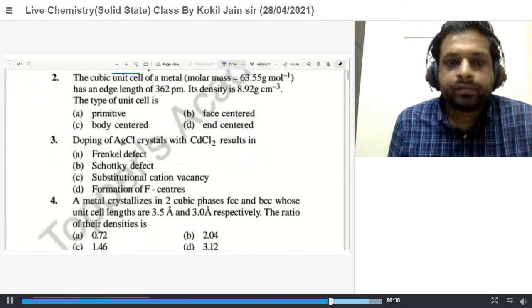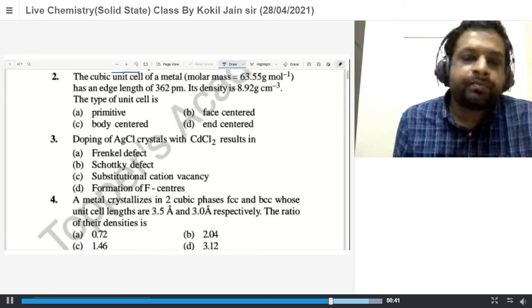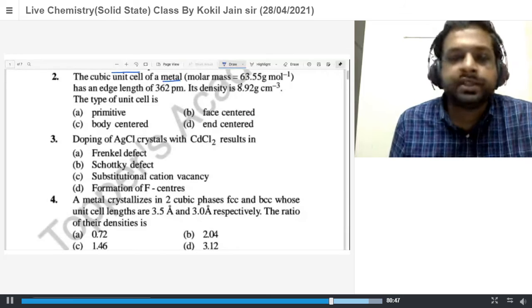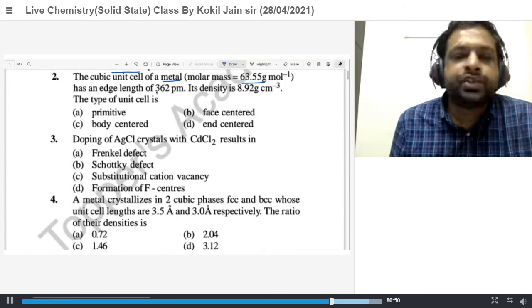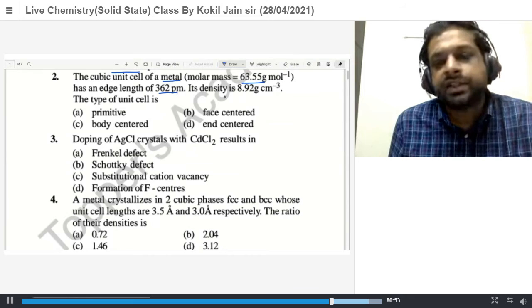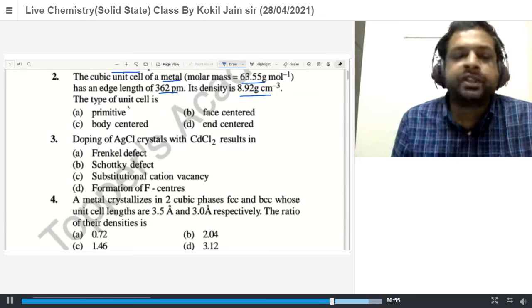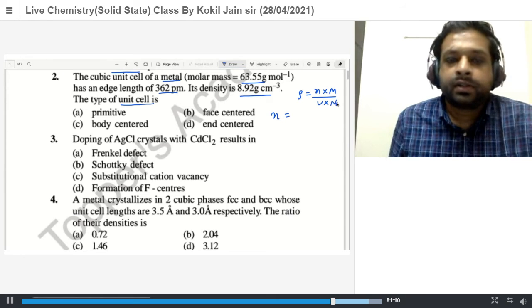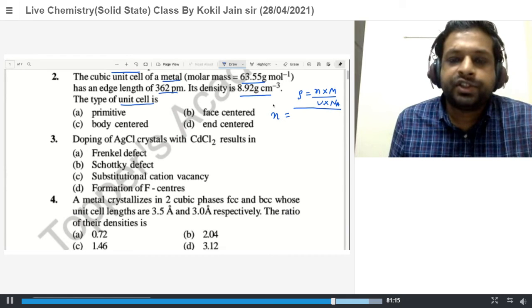The cubic unit cell of a metal which is having this molar mass has an edge length of 362 picometer, and they have asked what type of unit cell it is. Can you calculate this one? Try to calculate Z here. Though you know, I think it is the formula with density, molar mass and Avogadro's number. Edge length is 362 picometer, which is 10 raised to minus 12 meter.